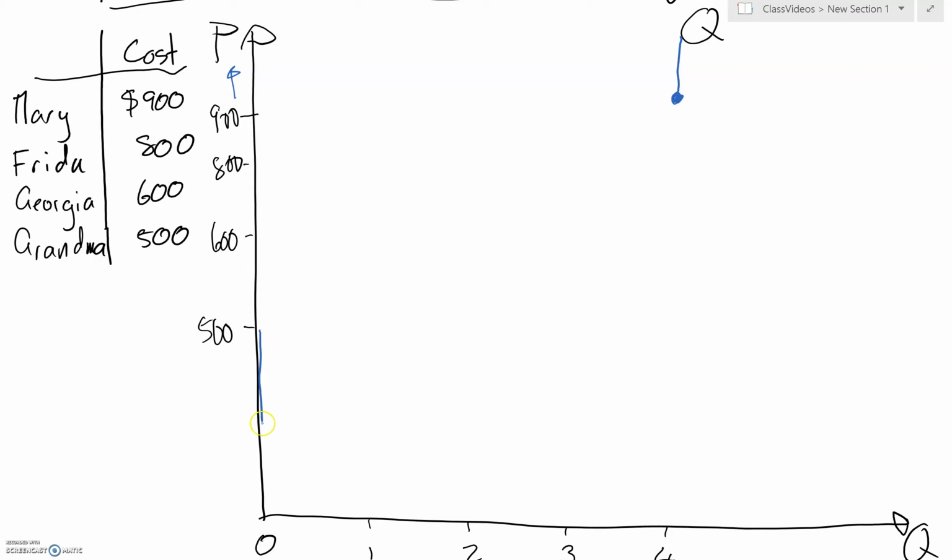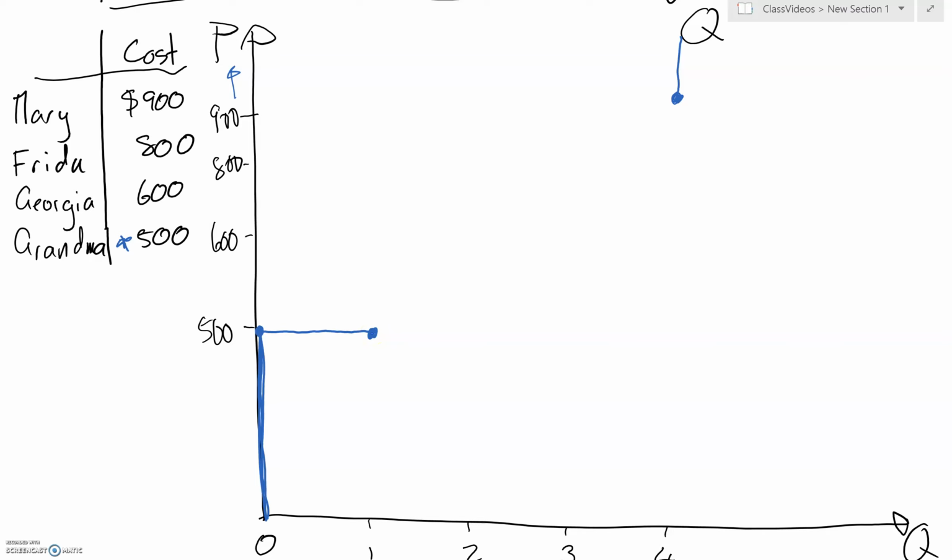So our supply curve is along here. But what about a price of $500? At a price of $500, Grandma doesn't really care if she sells or doesn't sell. So at a price of $500, we could either get a quantity of 0 or a quantity supplied of 1. So I can join the dots like this.